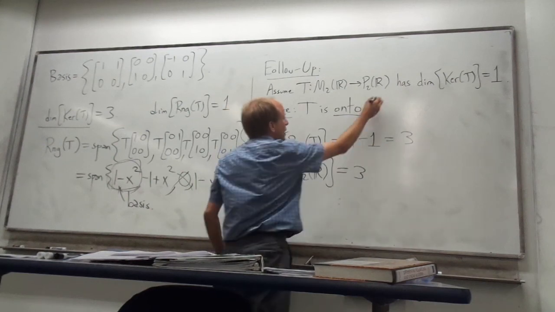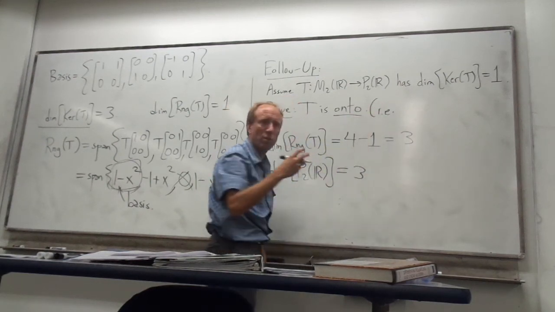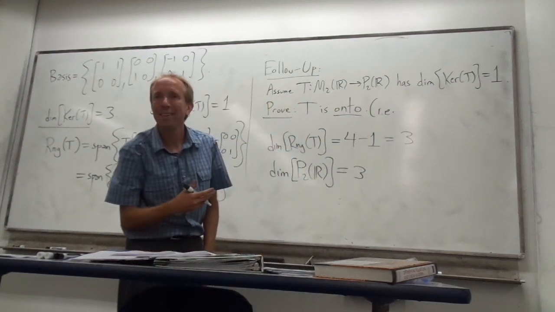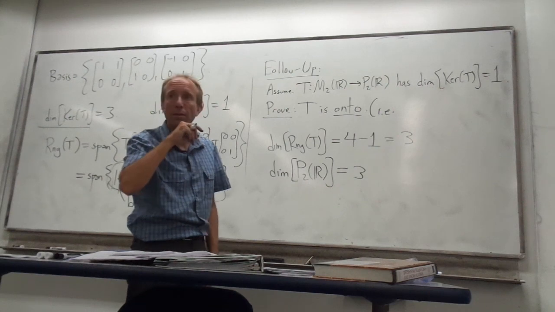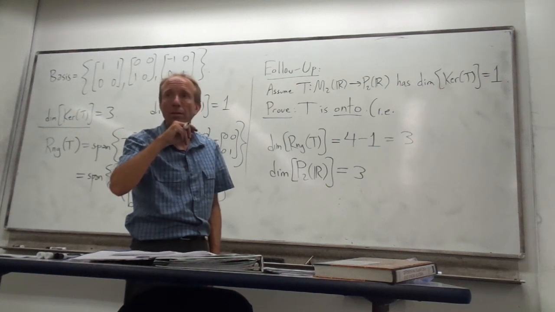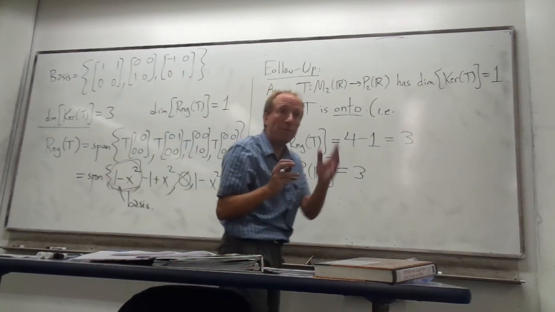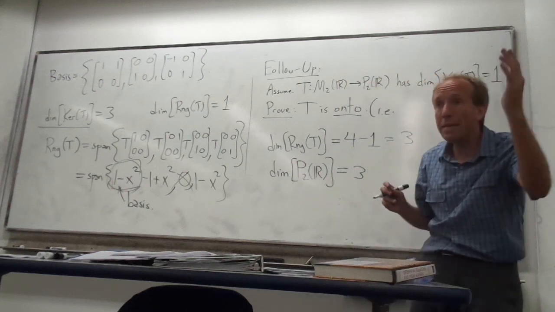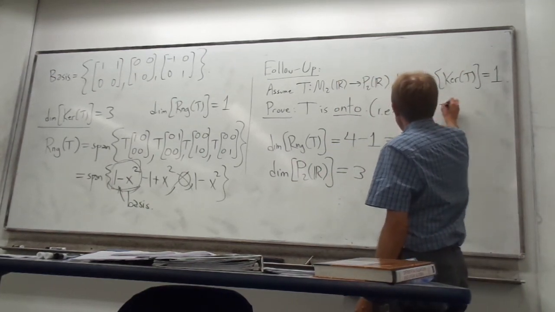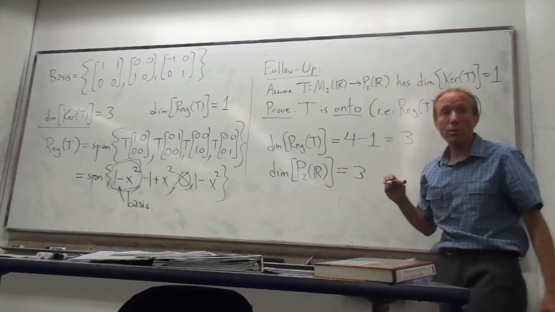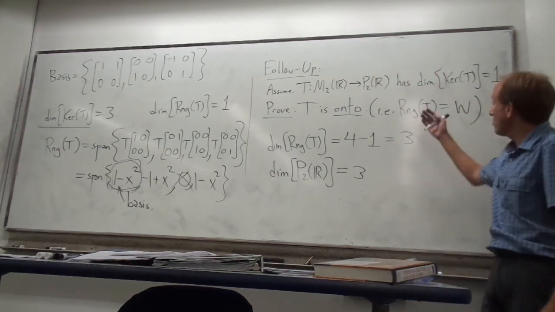What does onto mean again? This would be worth some partial credit as well. The dimension of the range of T is equal to the dimension of W. That's true, but if I was to ask you what does onto mean, I probably would simply say, without even talking about dimensions, the range is equal to W. So the range equals W.